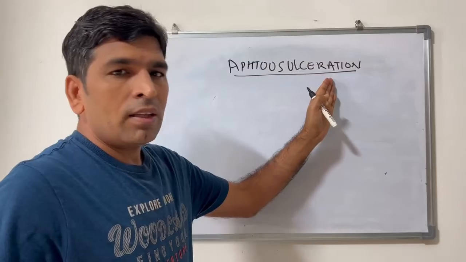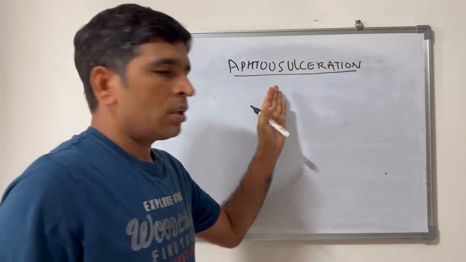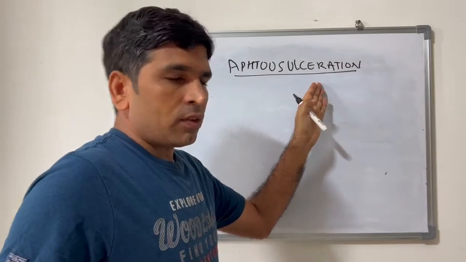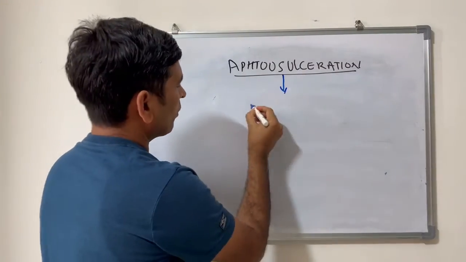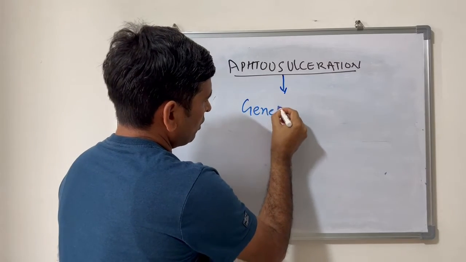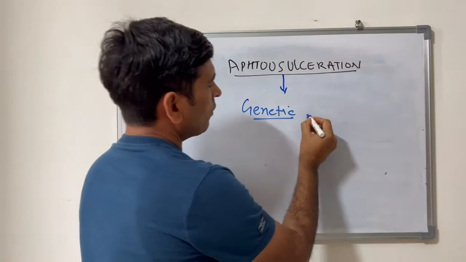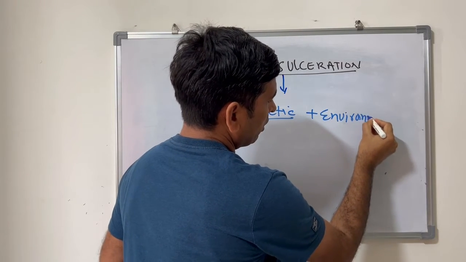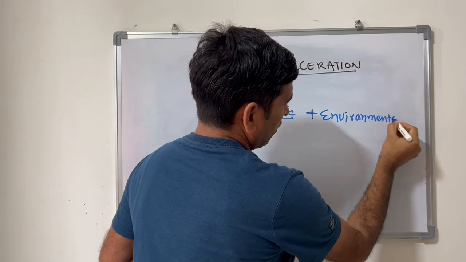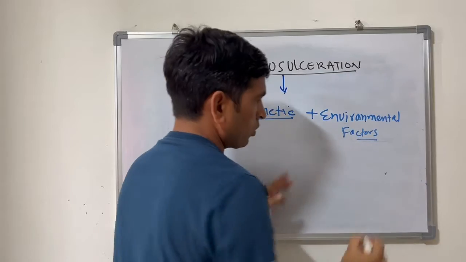Hi guys, today's topic is Aphthous ulceration, or you can say Aphthous ulcer or Aphthous stomatitis. These ulcers are mainly genetically susceptible plus environmental factors induce.